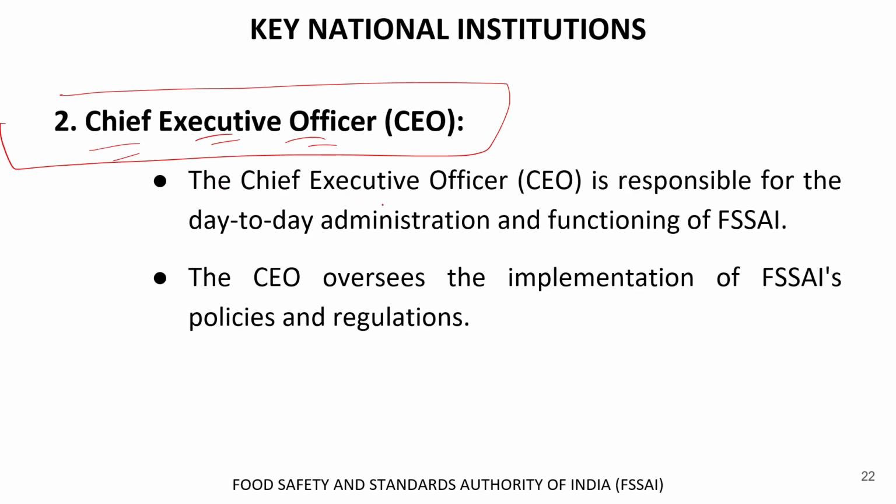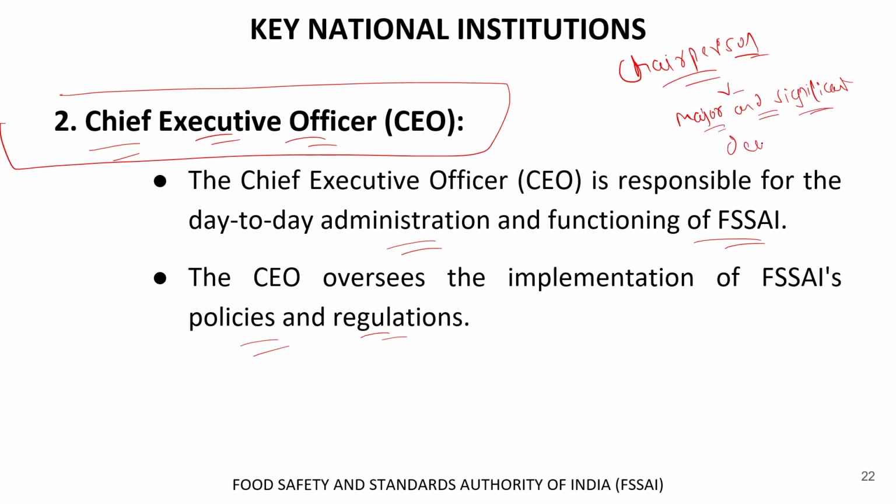The Chief Executive Officer is responsible for the day-to-day administration and functioning of FSSAI. The CEO oversees the implementation of FSSAI policies and regulations. Basically, the chairperson is the senior of the CEO and is responsible for major and significant decision making in the top level meetings of the authority. But the person who is responsible for the day-to-day administration is the Chief Executive Officer.